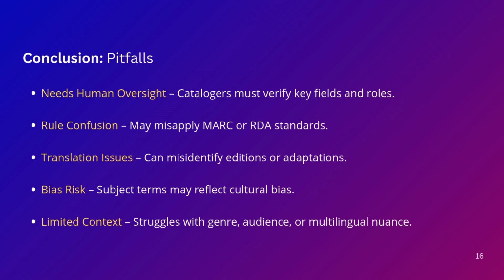There's also a risk of cultural bias in subject term suggestions, which can affect the accuracy and inclusivity of the records. Finally, AI often lacks the contextual understanding needed to accurately interpret genre, audience, or nuanced metadata. These limitations highlight the continued importance of expert review in the cataloging process.